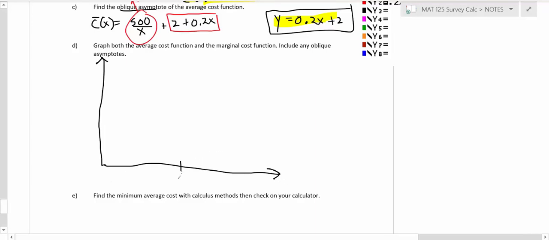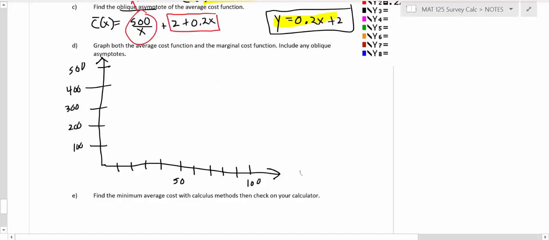Okay, so let's go out to 50 and 100, and maybe scale by 10. 10, 20, 30, 40, 50, 60, 70, 80, 90. Okay, and then I think I'm going to do the y-axis up to 500. You have to play with your calculator to get a fairly good viewing window like this. Okay, it's always good to label what all this stuff means.